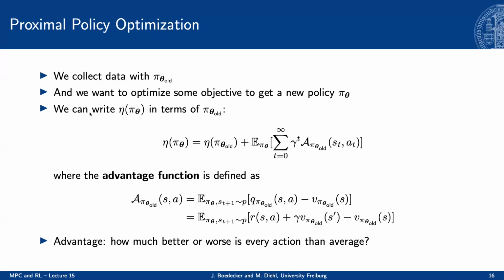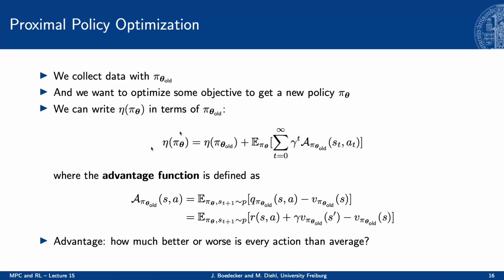And we can then write our objective, that's depending on pi theta, in terms of the old parameters, pi of theta old, as follows. That's something that they derive in the paper. This is not obvious from this slide, but I hope it becomes more clear on the next slide.